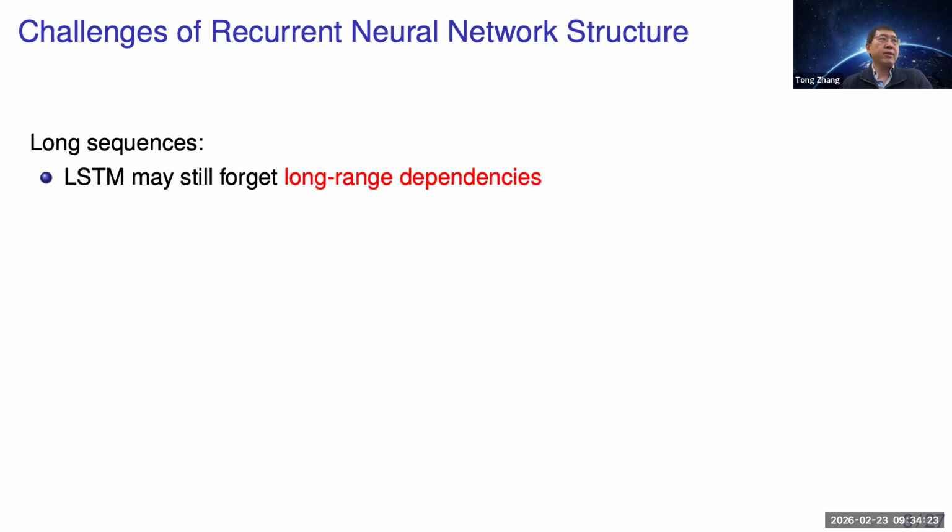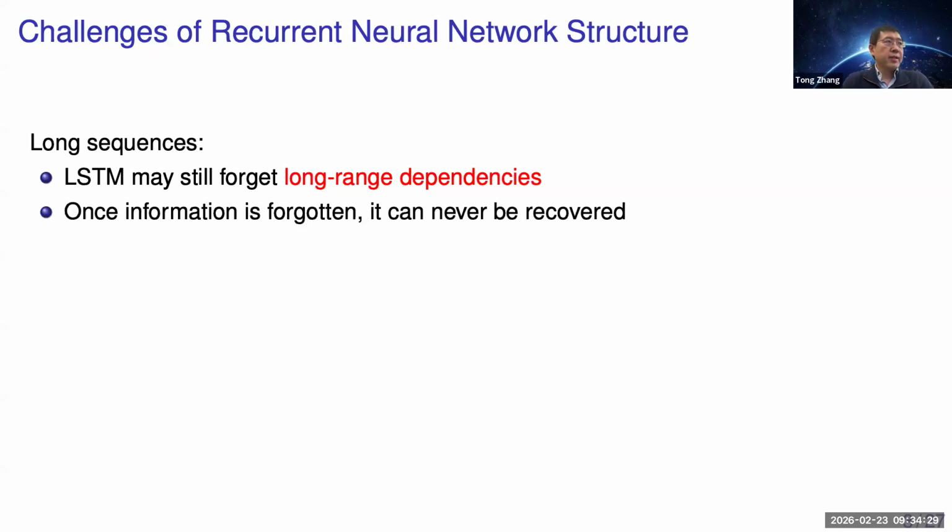If you compress something, something gets forgotten, no matter what you do. The problem with this approach is that once the information is forgotten, because it always produces a compressed state, it can never be recovered.